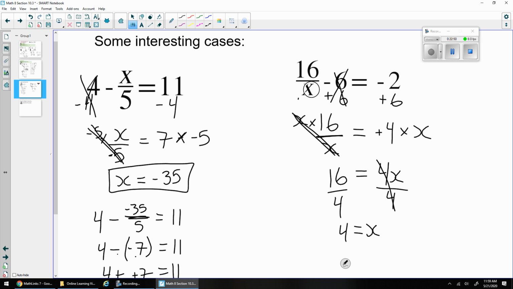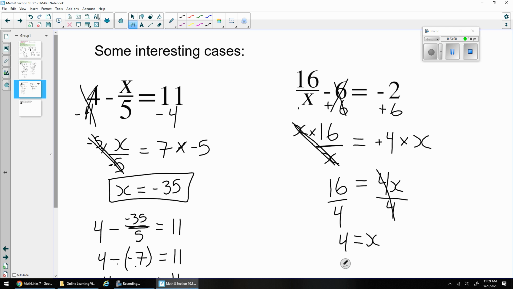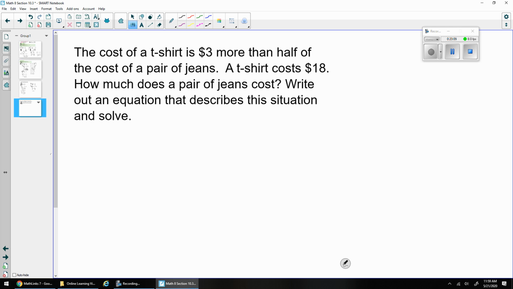A little bit confusing, but $3 more means that we're adding $3 to something, and it's $3 more than half the cost of a pair of jeans. So the cost of a pair of jeans divided by 2 would be half of that cost, plus 3.